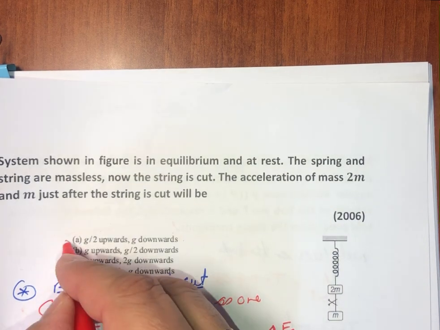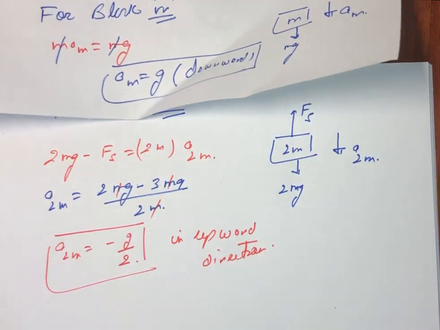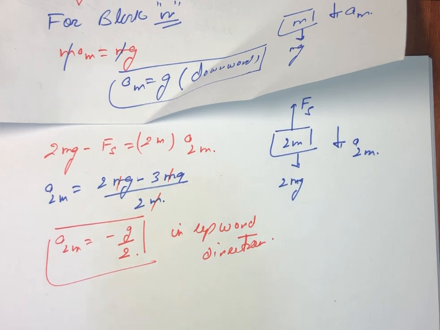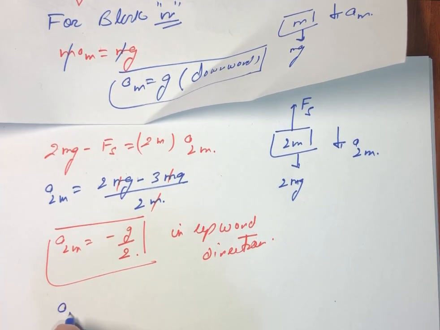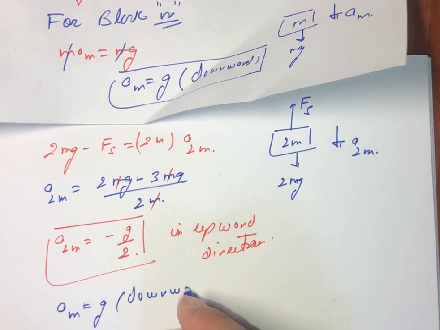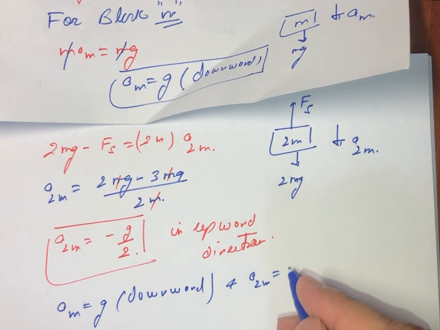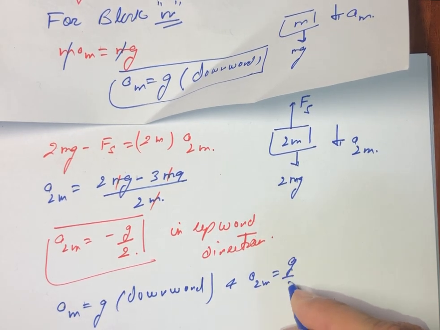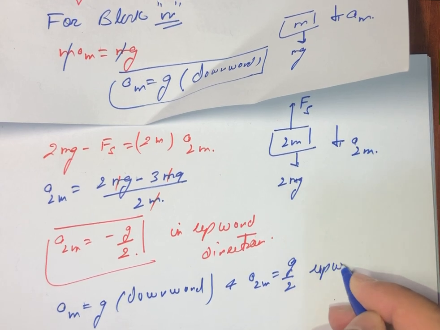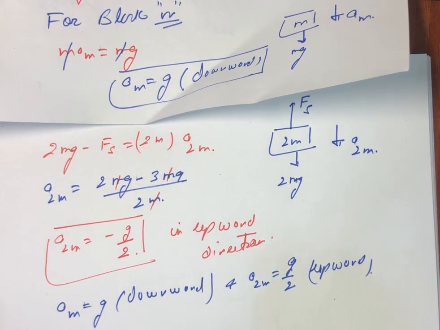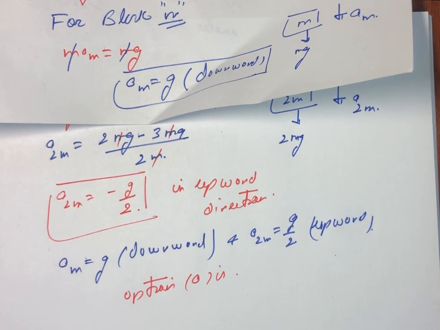So option A is the correct option. From here we can draw the conclusion that a_m is equal to g downward, and a_2m is g by 2 upward. Therefore option A is the correct option.